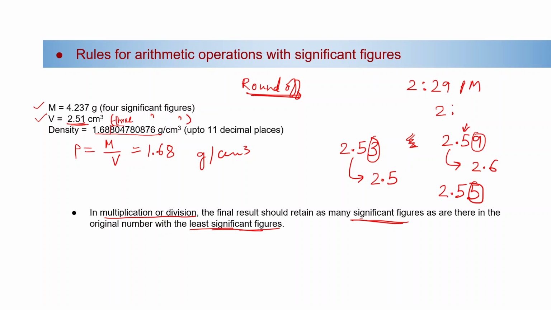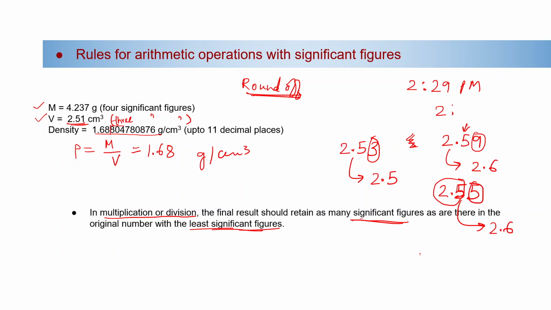But what if this last digit is 5 itself? Then what will happen? In that situation, we will increase the number if it's odd. What I mean to say is, right now there are 2 decimal digits and I'm trying to round it off to 1 decimal digit. Now here my last digit is 5. If my second last digit is an odd number, then I'll increase its value and make it 2.6.